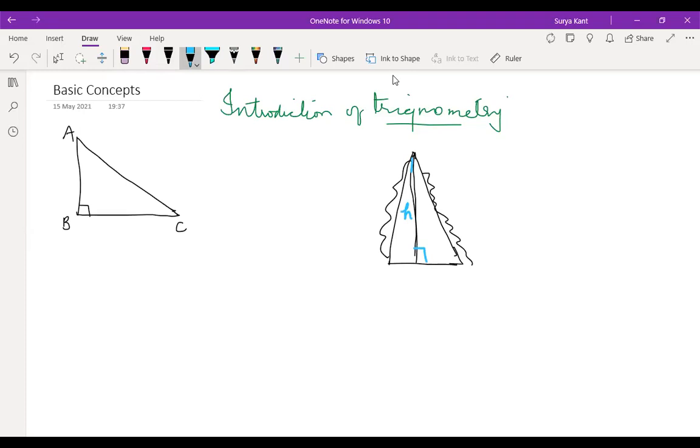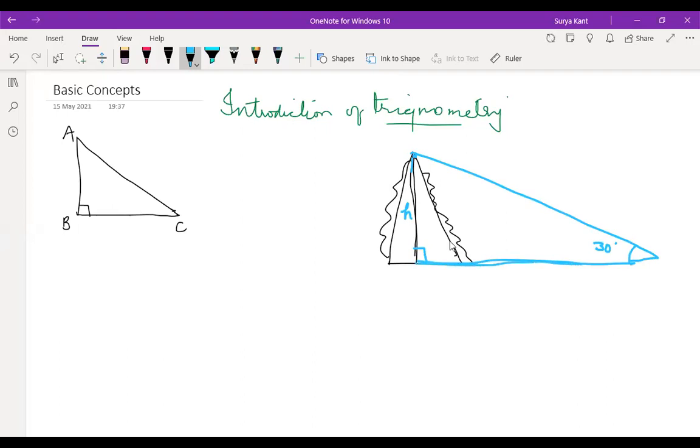Use the hypotenuse and the base. From the outside of the mountain, from some place, we have to take one thread or something like that, so that this thread reaches the earth at some angle, suppose 30 degrees.